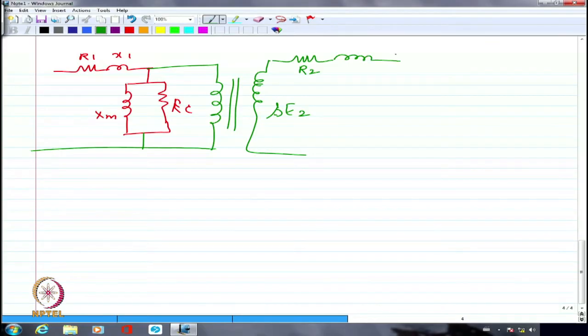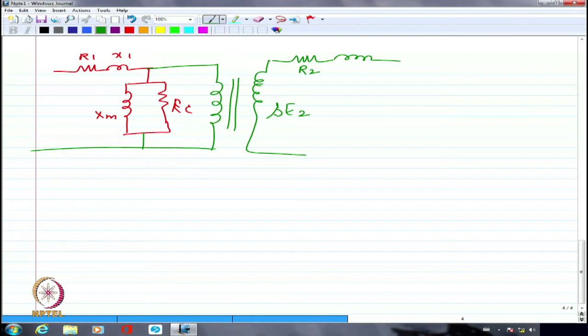What will happen to X2? X2 was originally 2 pi F1 L2. Now it is 2 pi F2 L2, because the rotor current is flowing through this leakage. Right? The rotor current is at a lower frequency. So obviously the reactance offered by the leakage flux will also be declining.